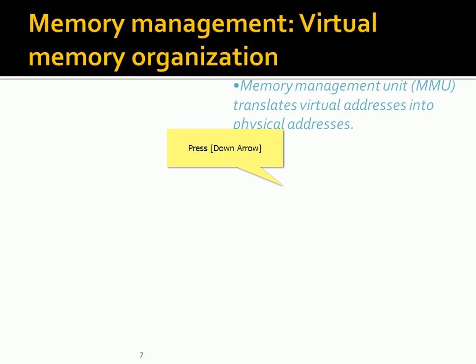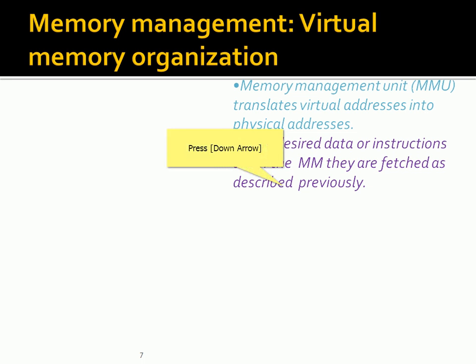That is the major responsibility of the memory management unit. It is just like a data structure, like a logbook. So what is the conversion? Logical or virtual address translated into physical address.